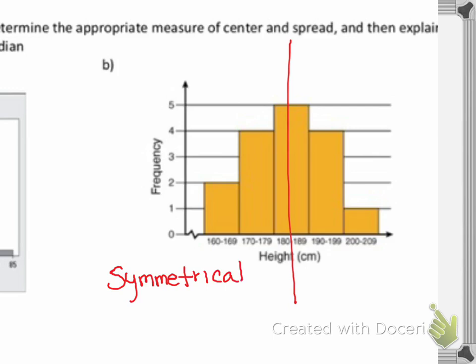That means I'm going to use my mean and standard deviation to summarize this data. My mean is not being skewed in any way to the left or right, and that standard deviation tells me the range of which my heights were recorded. Was it pretty close to the mean? Was it pretty far away?